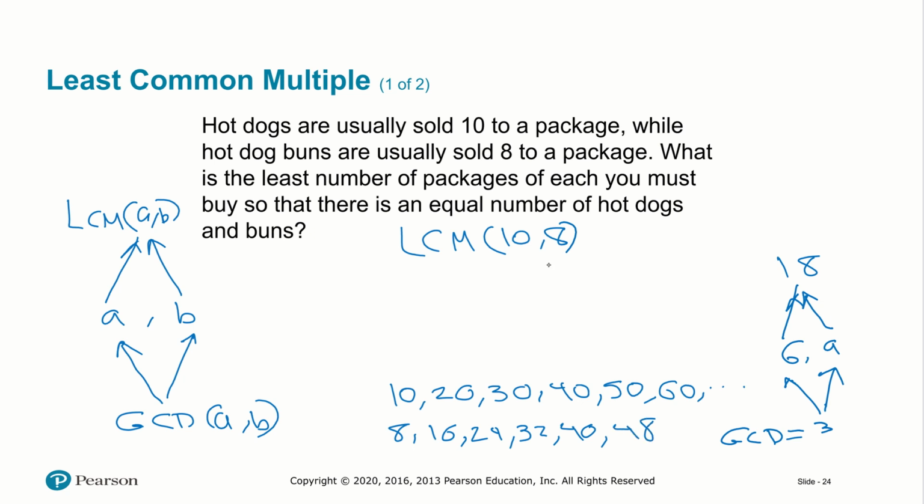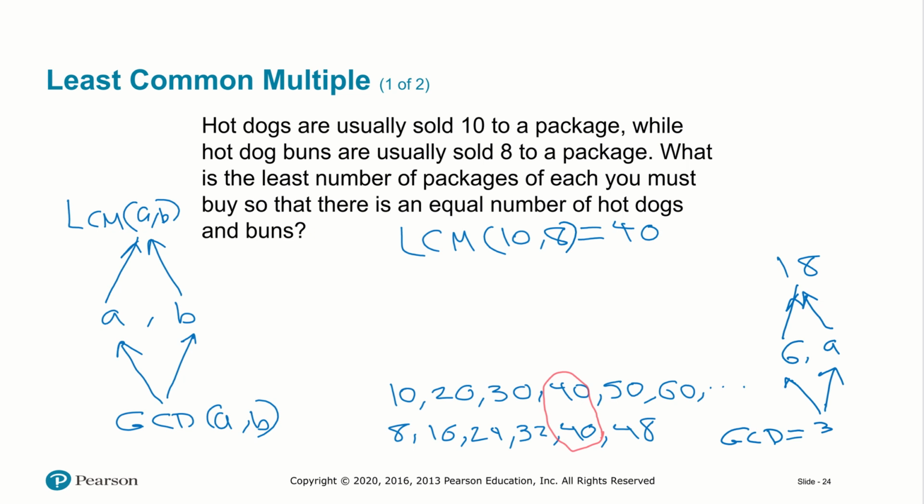Notice I can already stop because I have found the smallest number, which is a multiple of both 10 and 8, right? So basically, we would have to go with 40 as the least common multiple of 10 and 8. So what does that mean?